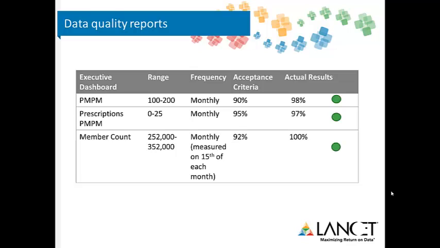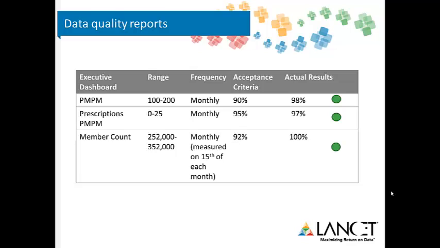Essentially, it takes the same table that we talked about earlier, these very generic examples, and it shows you the actual results, and then it gives you a little green dot. I suppose if some of them didn't meet the criteria, it would be yellow or red. And in those cases, you have to go back and find out what's happening in the data and why it is so far off, and analyze that situation and try to fix that data as close to the source as possible.